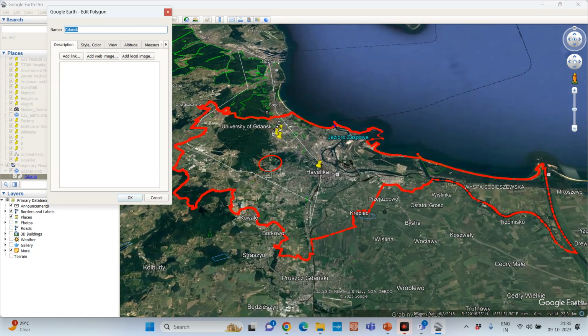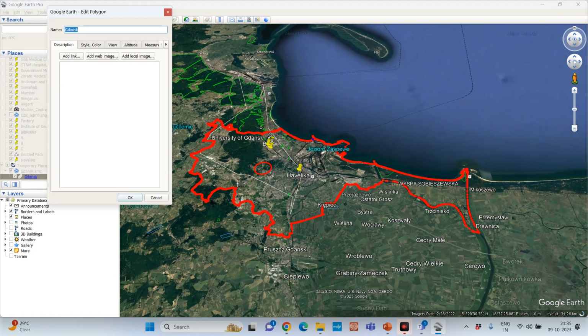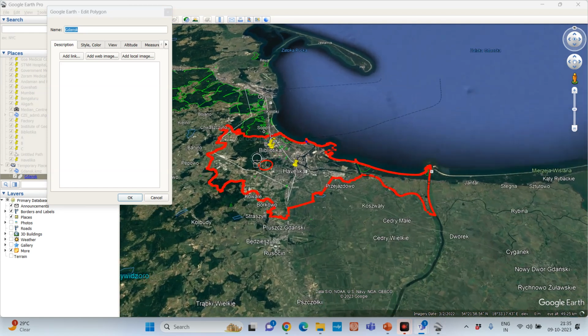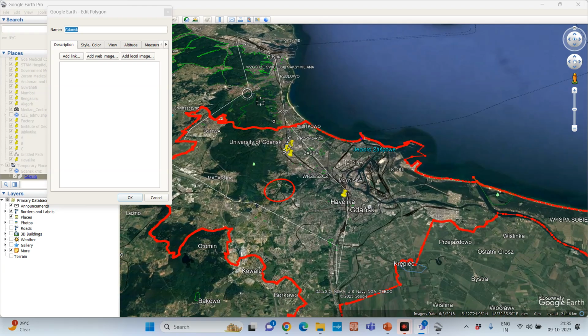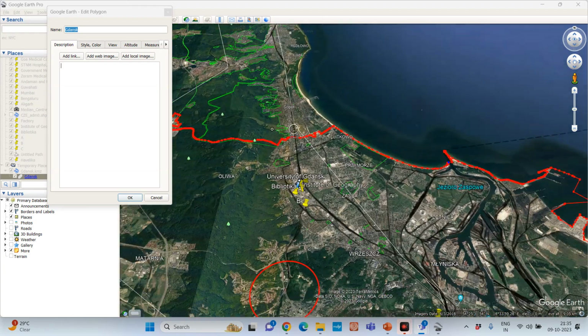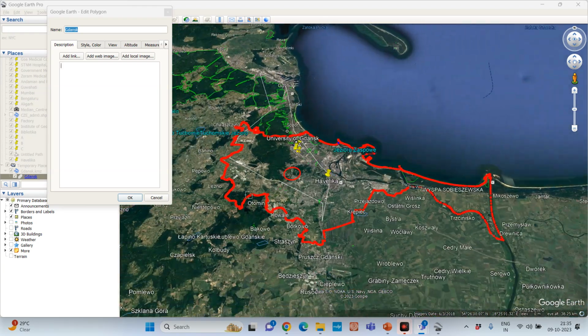All of you know this, because you have been here for the last few years, and many people were born here also, so they know this is Gdansk and this is the port area. Within the boundary you can prepare a tourist map, hotel map, and other things in your practical work, even a land use map.